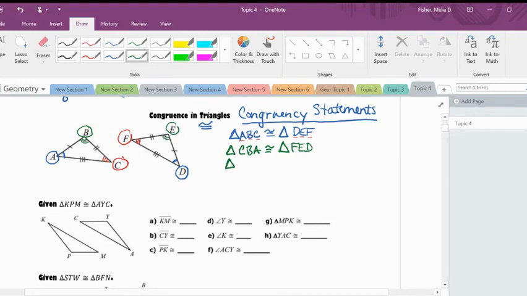I can also call this triangle BCA, and say that that is congruent to a triangle. If I started with B, I need to start with E, and C goes to F, and A goes to D.